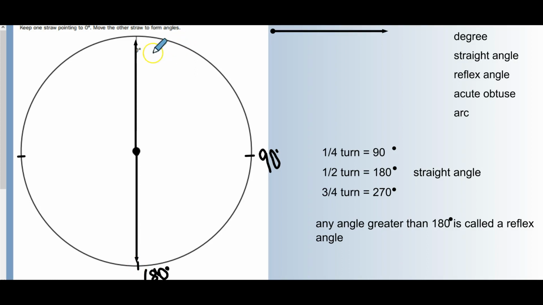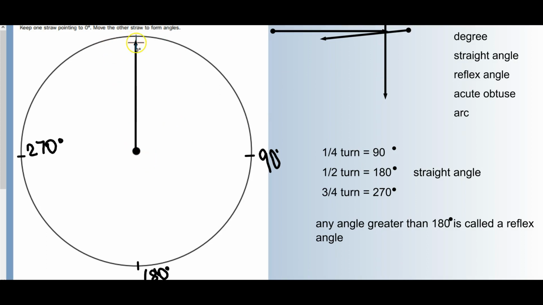If I go 3/4 of the way around my circle, this point measures 270 degrees. So if my angle went, that's not straight, hold on.